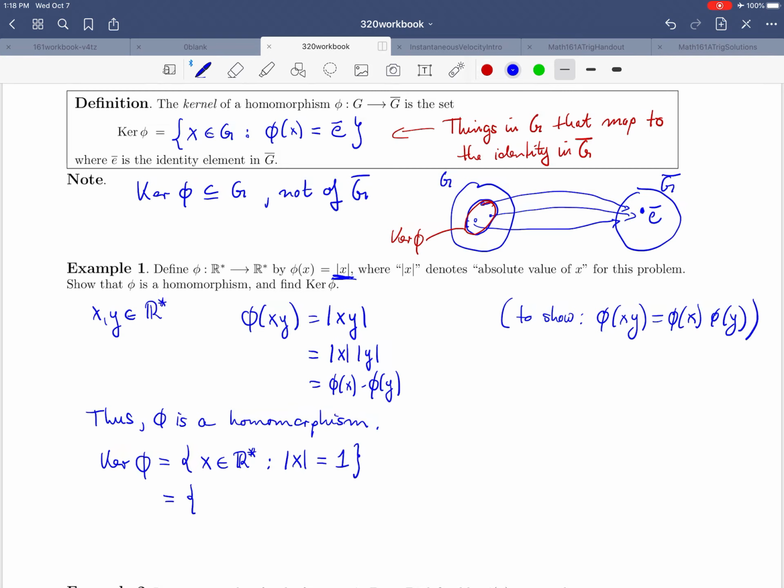You can think for a while about what real numbers have absolute value equal to 1. Well, there are 2 of them: 1 and minus 1. So that is the kernel of this homomorphism phi.